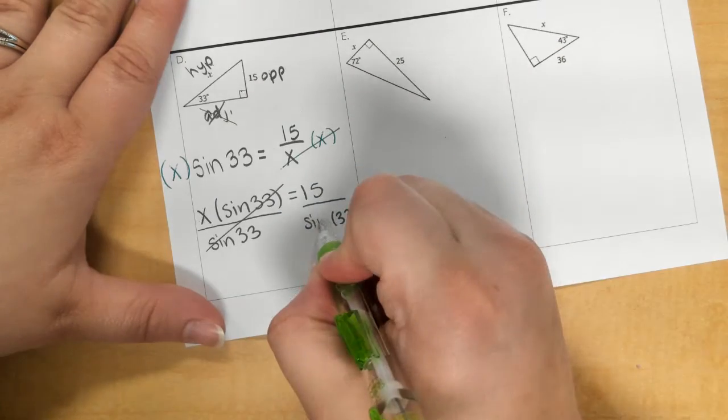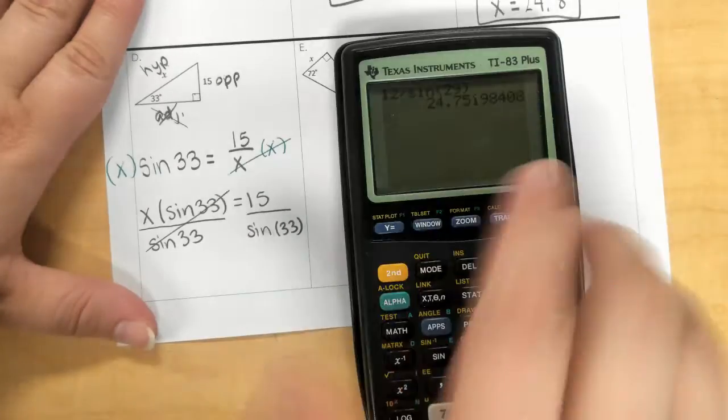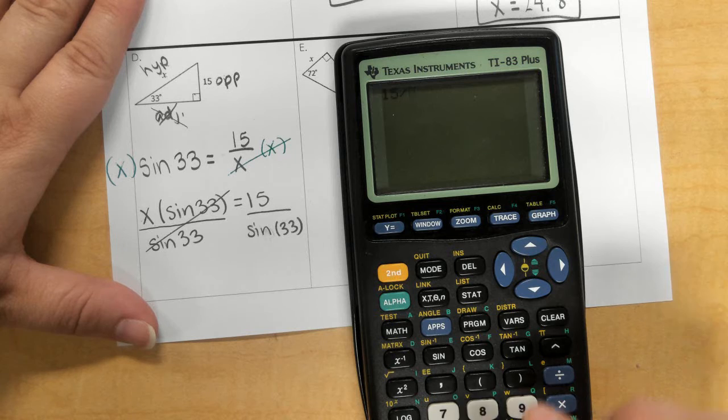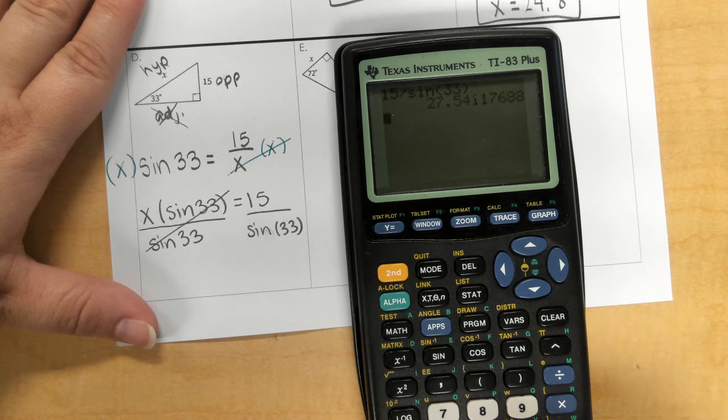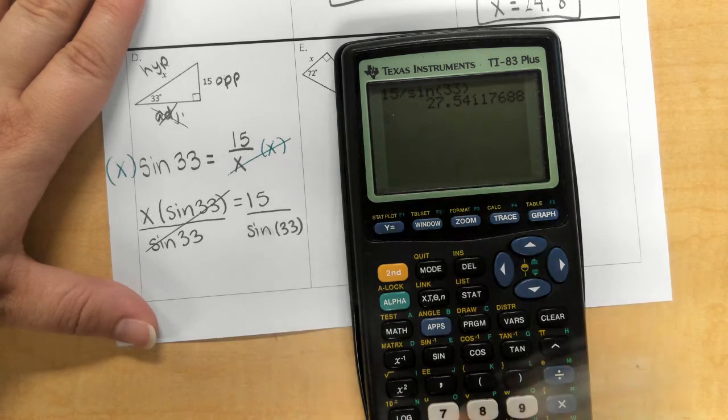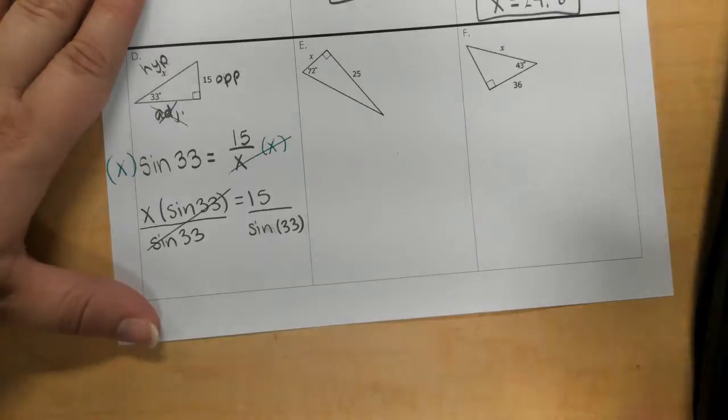Now, we clear out our calculator, and we've got 15 divided by sine 33, close the parentheses, and we get 27.54. Well, 4 makes the 5 stay, so that answer would just be 27.5.